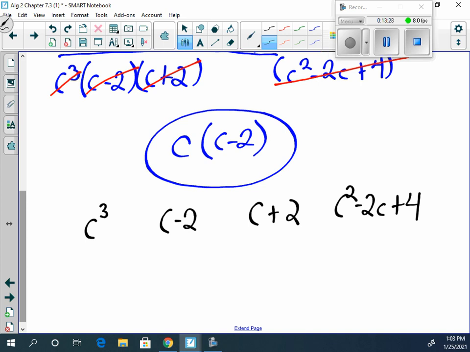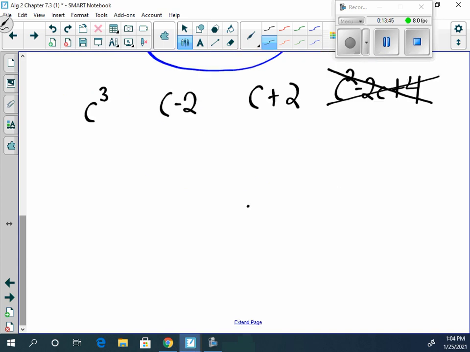So if it doesn't have solutions, there's no way for this to actually equal 0. So that just leaves us with the other 3. And we need to see what values of x are going to make these 0. So we need to see what value of C is going to make C cubed equal 0. Well, that would be what?